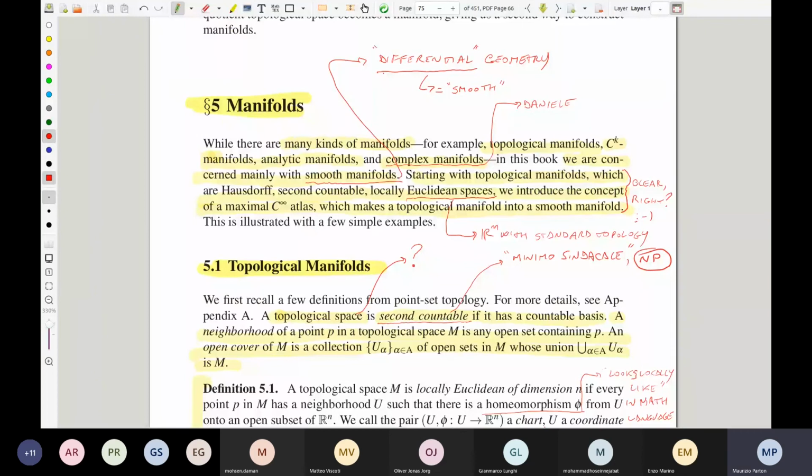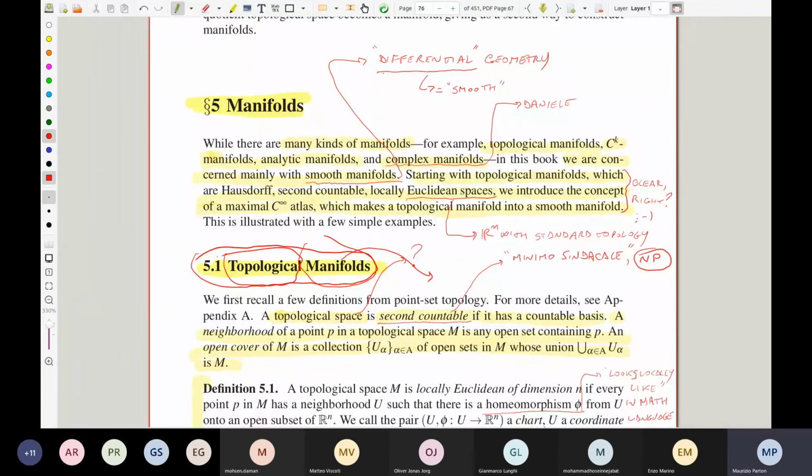So what we are starting with is the notion of topological manifolds, which is very much less than differentiable manifolds, but it is anyway a manifold. Manifold means locally looks like, and the first word tells you what the manifold locally looks like.